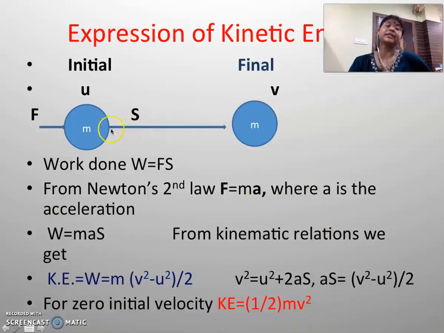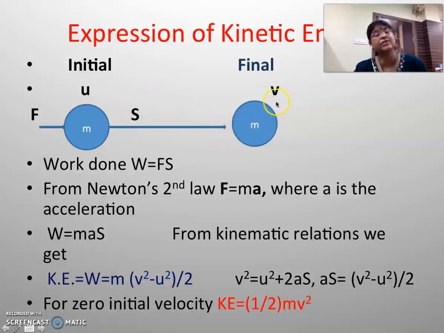Consider a body of mass m; its initial position is here. Its initial velocity is u, and it is acted upon by a force F. Following Newton's second law of motion, when a force acts on a body, it causes some acceleration, F equal to m into a. So the body will be displaced to the final position by some displacement s, and its velocity changes to v.